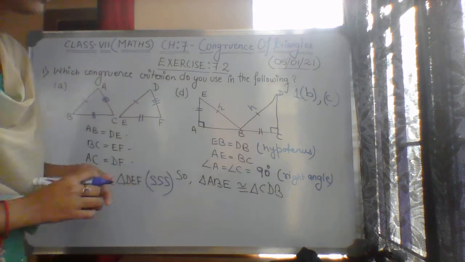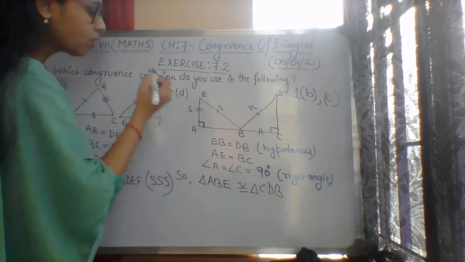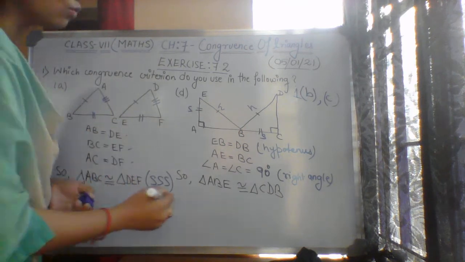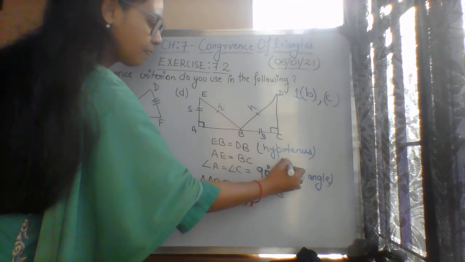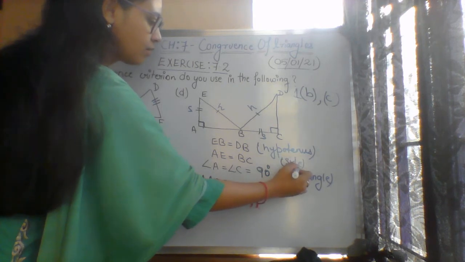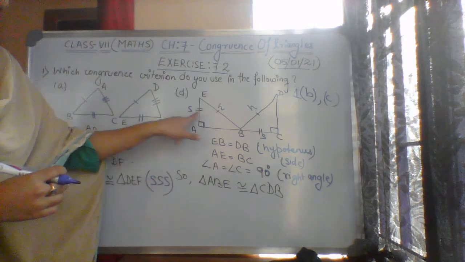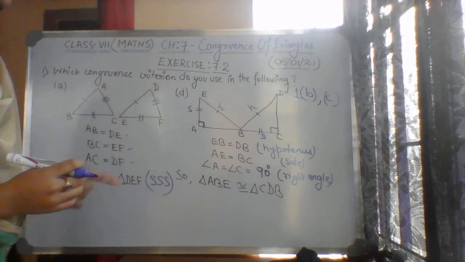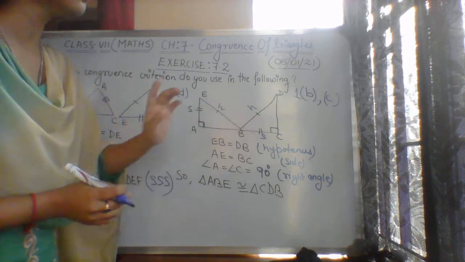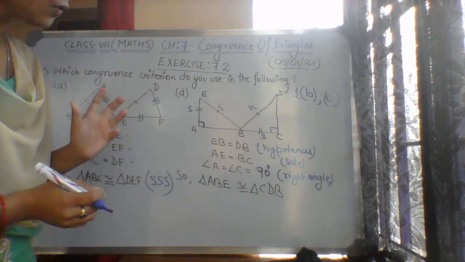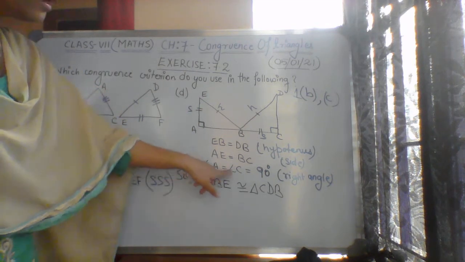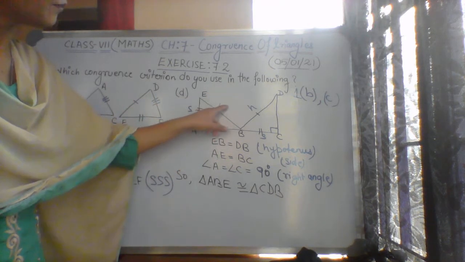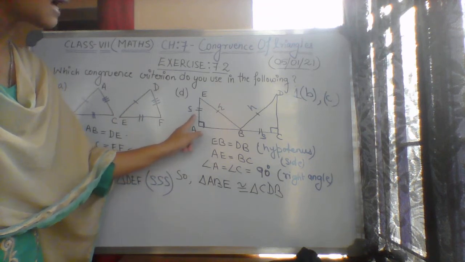So you can easily see one of the sides of those triangles is equal. One of the sides of the right angle triangles is equal along with the hypotenuse equality. So in two right angle triangles, the hypotenuse is equal and one of the sides is equal.